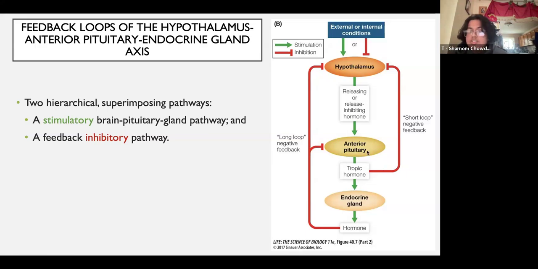The short loop is after the anterior pituitary, where tropic hormones can go back to the hypothalamus in order to inhibit it. Like you see here in negative feedback loops, any hormones released from any glands or organs in the future can go back to the origin organ or gland in order to inhibit it, to stop its stimulation, to stop more hormones from being produced.